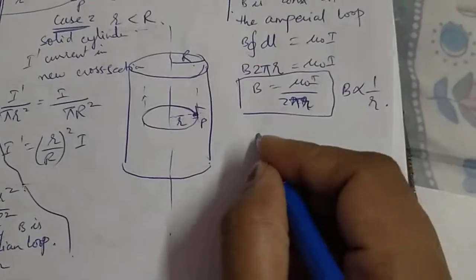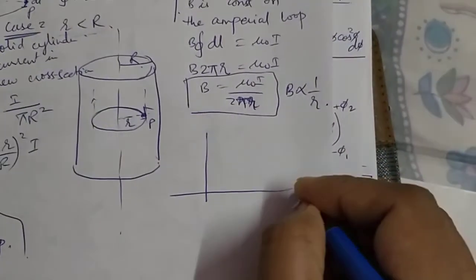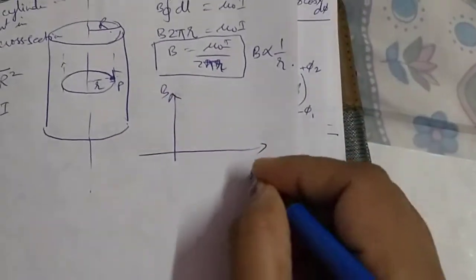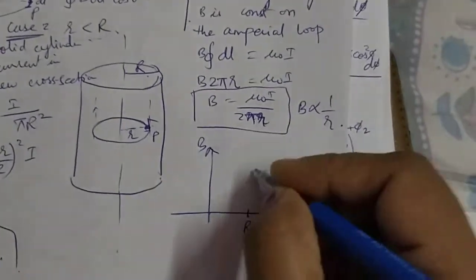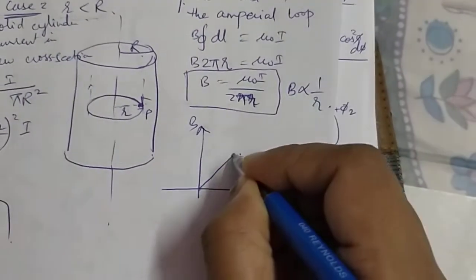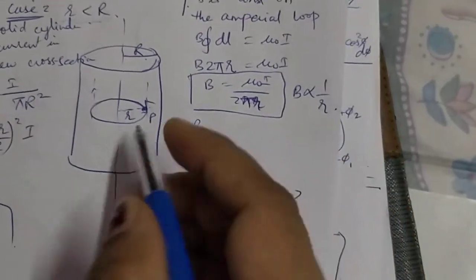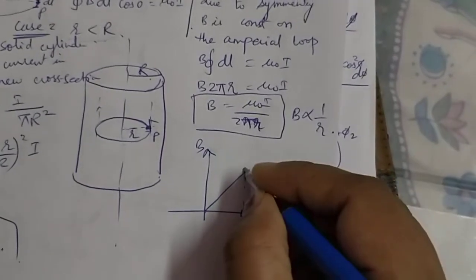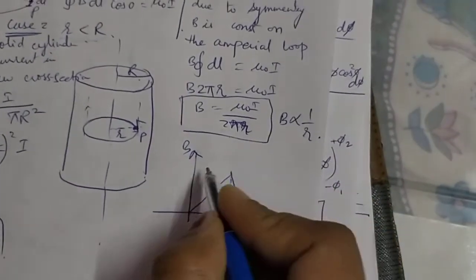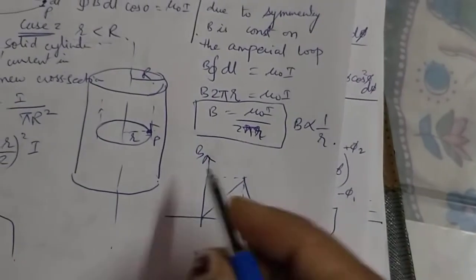Okay, so if you have to draw the diagram for magnetic field variation with r for a solid cylinder, see, inside it is directly proportional to r. So till capital R, your magnetic field is directly proportional, and when you are outside this loop, your small r is greater than capital R, then it becomes inversely proportional. So this will be the diagram, and what will be this value?